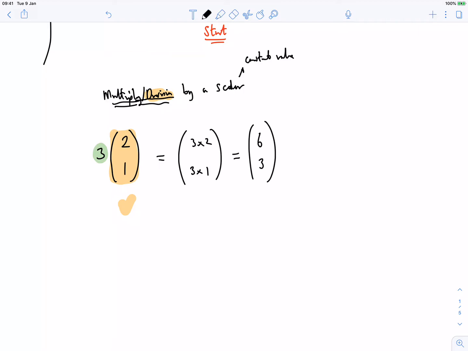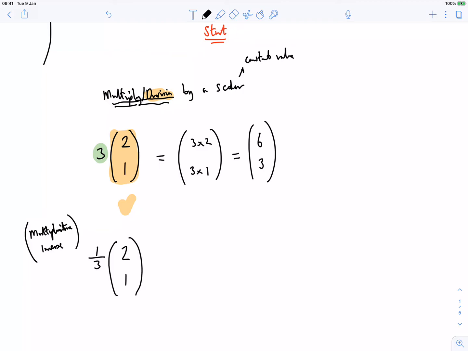Similarly, if I wanted to divide by a scalar, that's the same. Say I wanted to divide by 3 instead, well, that's the same as timesing by a third. So you're not really dividing, you're just timesing by what's called the multiplicative inverse. Timesing by 3 and dividing by 3 are opposites, they're inverse operations, and dividing by 3 is the same as timesing by 1/3.